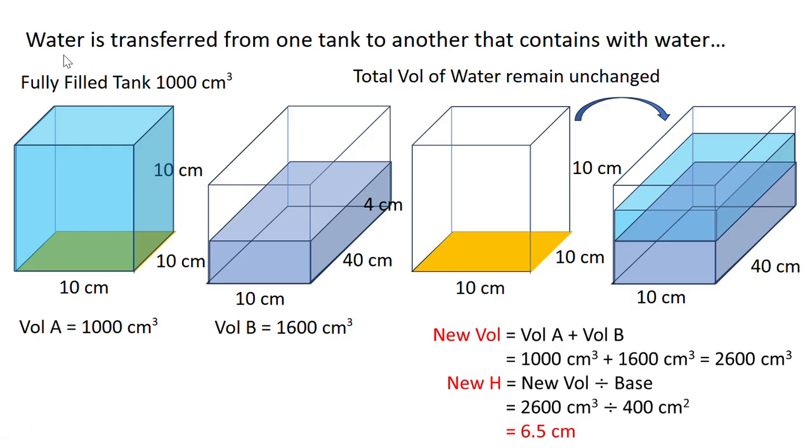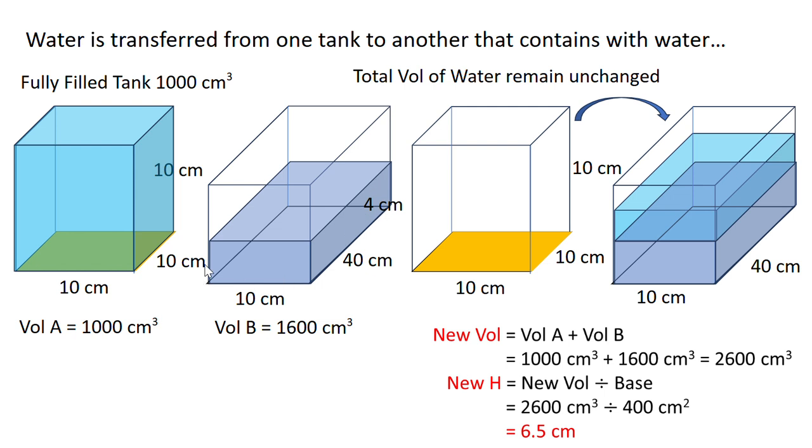Next, water is transferred from one tank to another that already contains water. Same thing, we have container A and container B. The difference from the previous question is that container B already contains some water, 4 centimeter in terms of height.